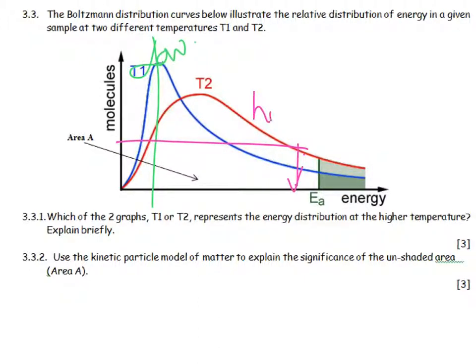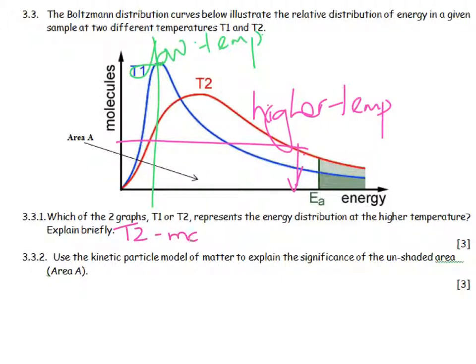So that is probably a higher temperature. Which of the two graphs, T1 or T2, represents an energy distribution for the higher temperature? And it would be T2, and the reason would be because more molecules have more energy.